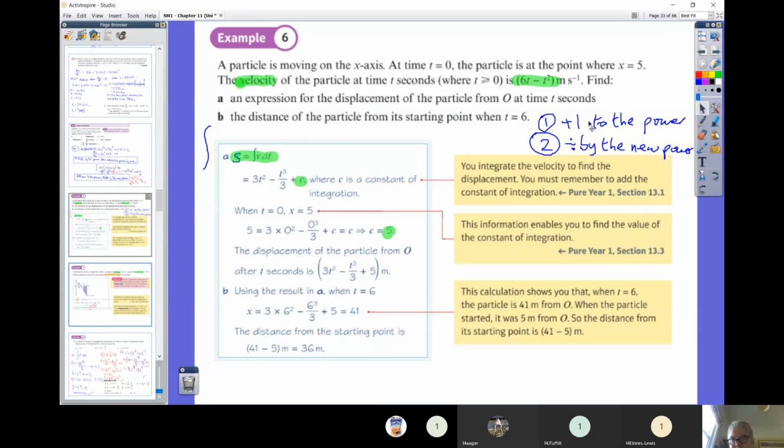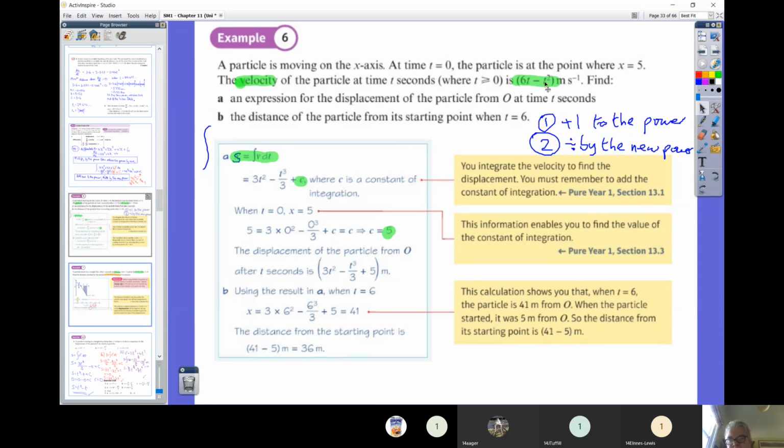Just to remind you, to integrate, you add 1 to the power and then divide by the new power. So the 6t, we add 1 to the power, that's t squared, divide by that 2, 6 divided by 2 is 3. So when we integrate that first term, we get 3t squared.